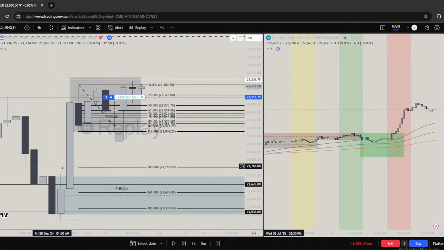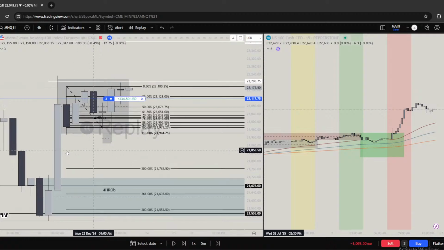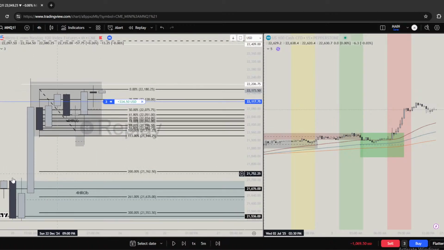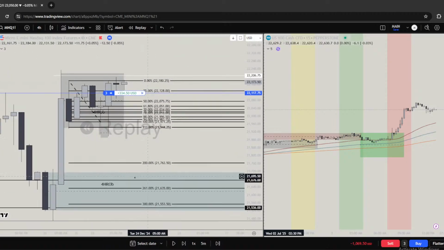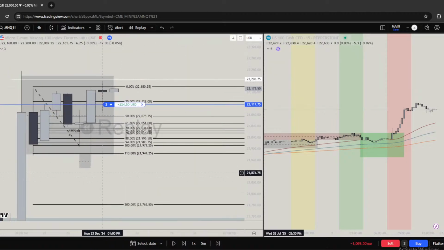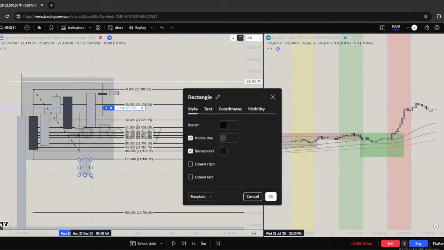And I look for a higher time frame PD array to see how far they're gonna drop. 113. We respected this BISI. Move back up, manipulate, that manipulation. And I want that distribution.